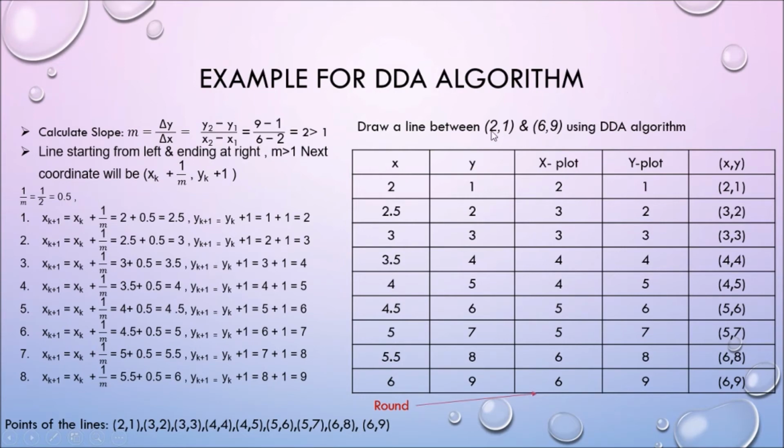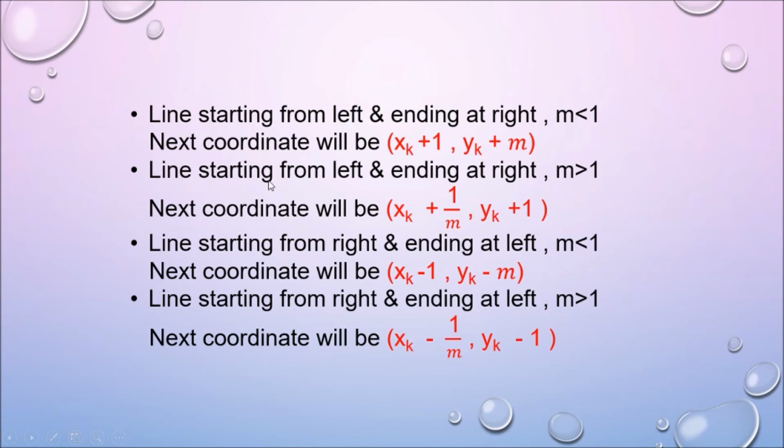As you see here, 2, 1 point is on the left side of 6, 9 point. It means that line starting from left and ending at right. So we will choose this case, line starting from left and ending at right when slope is more than 1. So our next coordinate will be xk plus 1 divided by m, yk plus 1.